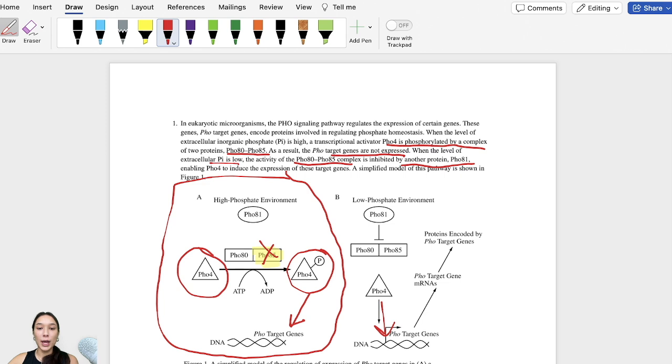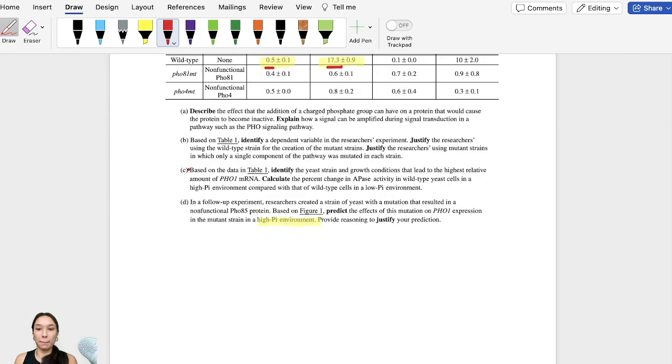And if we mutate Fo85, you are no longer able to phosphorylate Fo4. All of your Fo4 is going to exist in the unphosphorylated form. So you should actually get an increase in expression, okay? You're not going to have any phosphorylated Fo4. As a result, you're going to get increased expression.